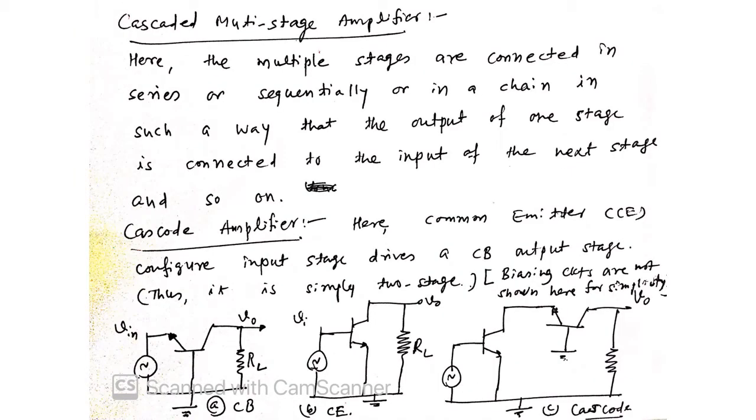Maybe at this stage you will not understand the advantage, but it is used for high frequency applications whenever high gain and low noise are required. For our interest, there are two types of multi-stage amplifier. One is cascaded, which is normally used, and another is the cascode amplifier, which has a specific application.